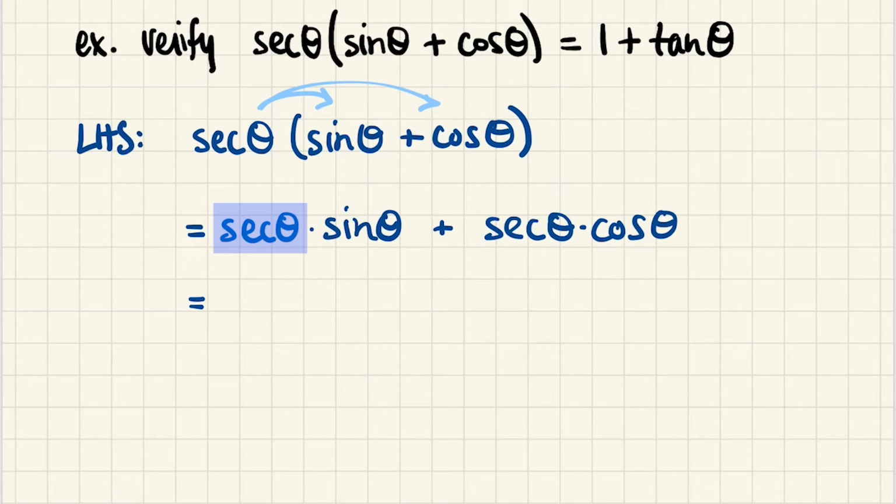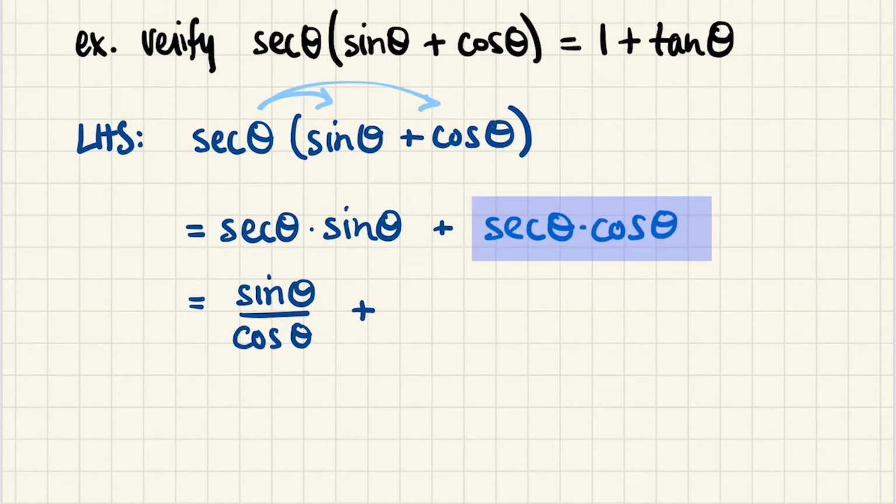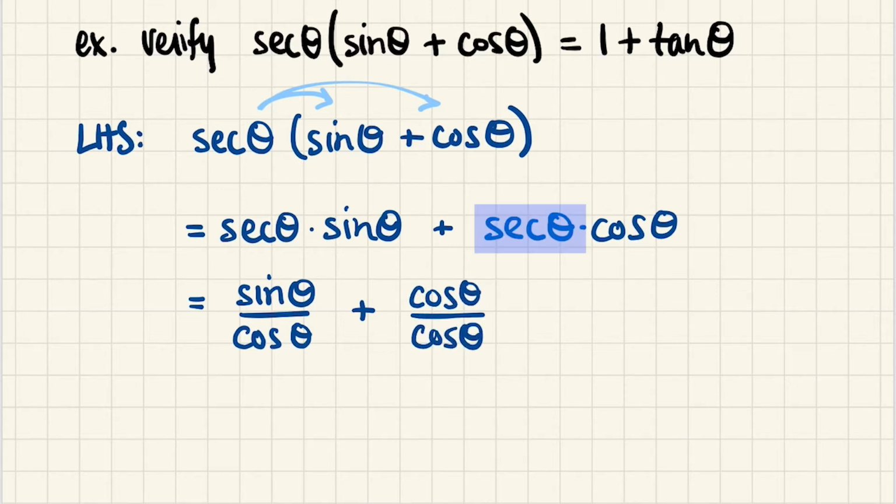Well, we know that secant is 1 over cosine, and it's often a good idea to write things in terms of sine and cosine, as we saw in the last section. So let's write secant times sine as sine over cosine. And secant times cosine, you may recognize that right away as 1, but you could certainly write it as cosine of theta divided by cosine of theta, because secant is 1 over cosine of theta.